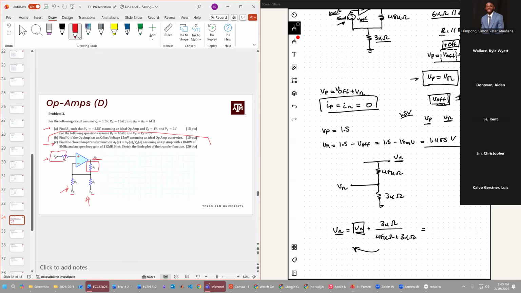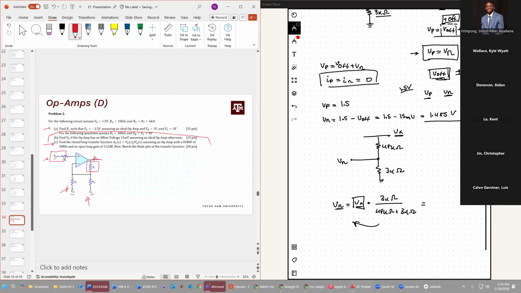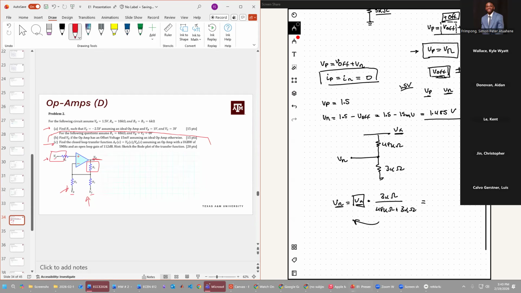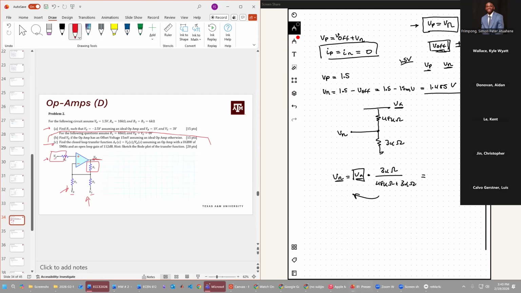And then, okay, so Ben, you got Vx is equal to 1.58. Can anyone else confirm that? This should be 1.485, roughly 51K. I think the voltage should be higher than that, right?